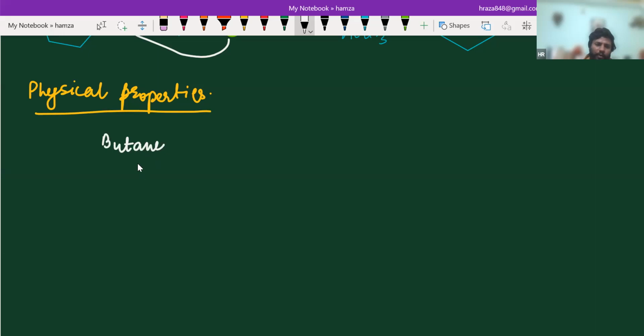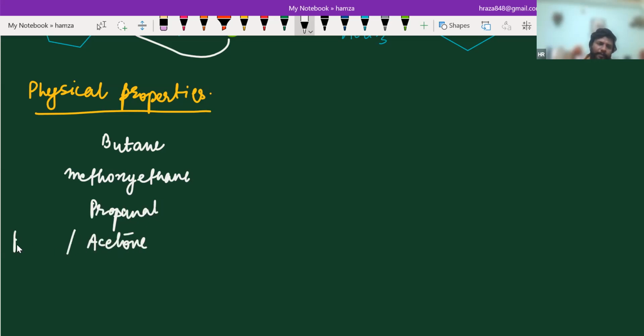This is your alkane, butane, and this is your methoxyethane, and this is your propanol. This is your acetone, and this is your propanol.